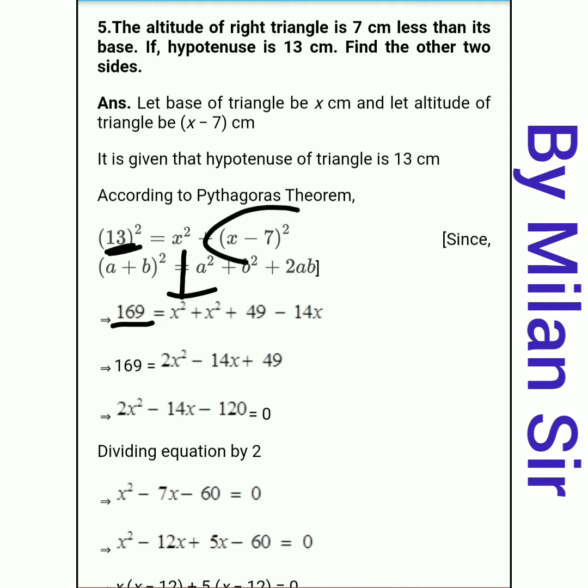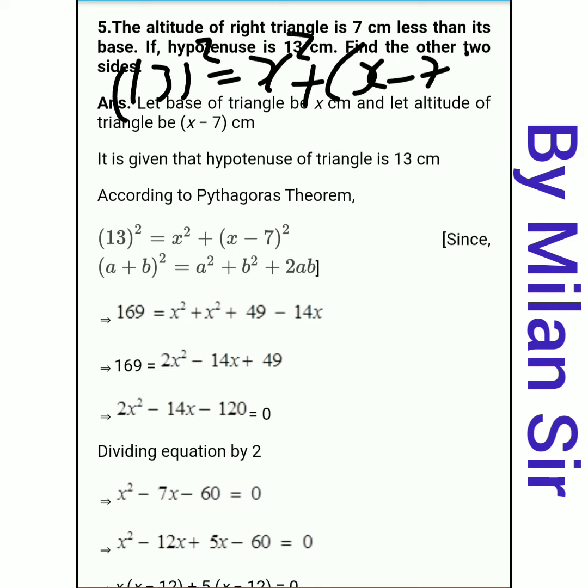Now for x minus 7 all square, we need to use the identity a minus b all square. So 13 square is 169, x square remains as it is. The identity is x square minus 2xy plus y square.